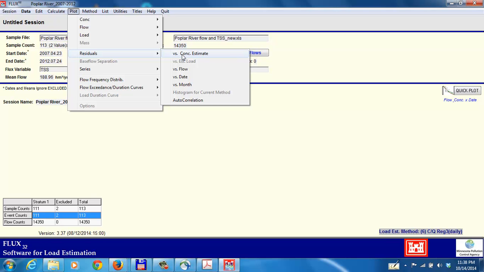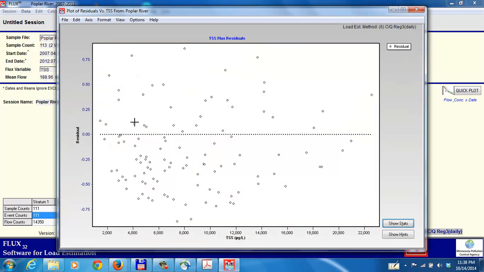So here we'll plot the concentration estimate, and this is for method number 6. This is the residual, this is the TSS, and so we can see that here there appears to be no bias. The residuals are positive and negative, approximately the same amount on either side, from 0.7 to minus 0.75.